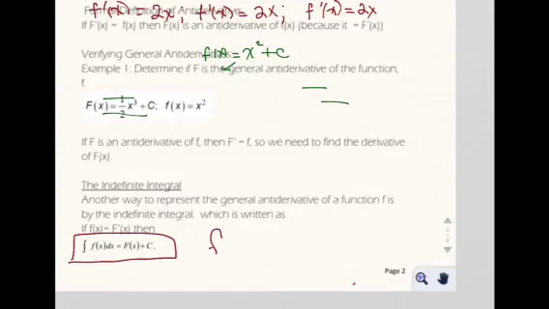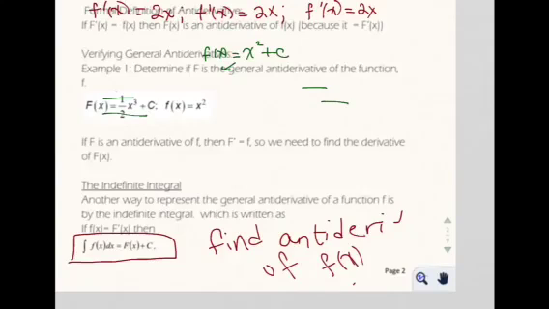This all means just find the antiderivative of the small f of x, which happens to be big F. So the big F is the antiderivative of the little f.